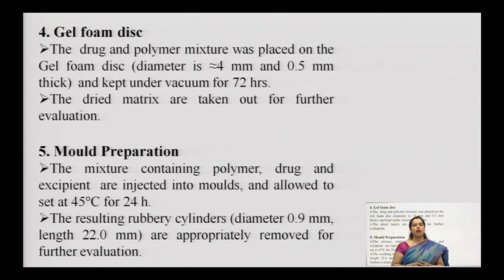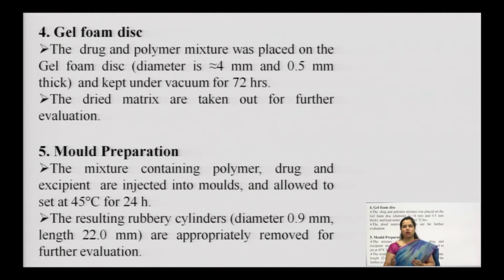The next method is the gel foam disc method, in which the drug and polymer mixture is placed onto a gel foam disc. The diameter is generally about 4 mm and the thickness is 0.5 mm, and it is kept under vacuum for 72 hours.